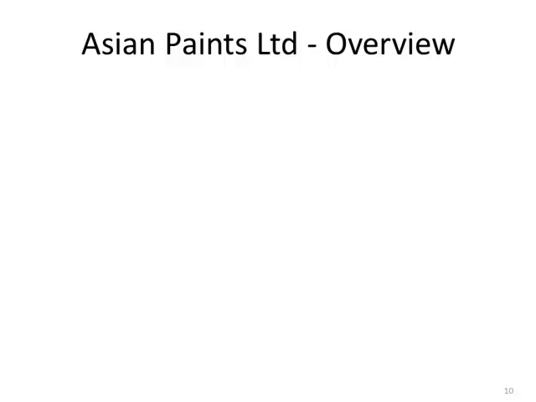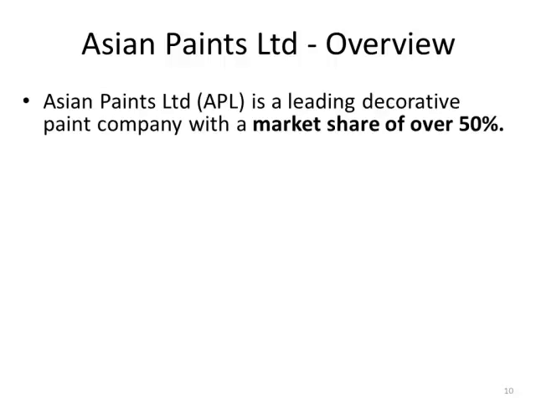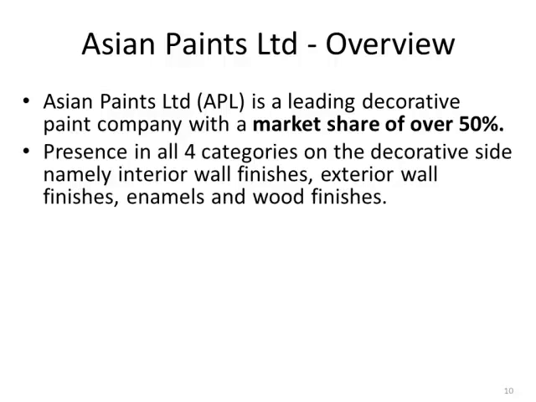Asian Paints Limited overview. Now we've got to the second part of the lecture. We'll move on to the next company that we're going to value, and this is Asian Paints Limited. Let's talk a little bit about the company itself. Asian Paints Limited is a leading decorative paint company with a market share of over 50%.